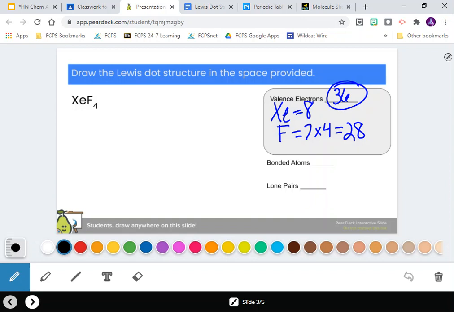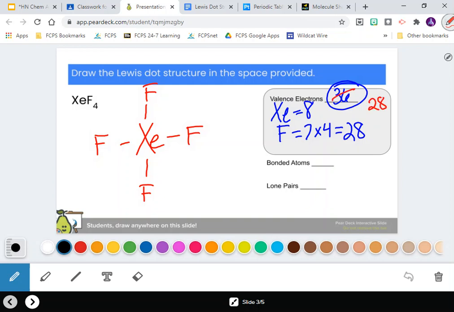Which one goes in the center? Xenon, very good. All right, central atom, attach the ligands. How many electrons did I just use to attach all 4 of the fluorines, those ligands? I used 8, so now I'm down to 28.